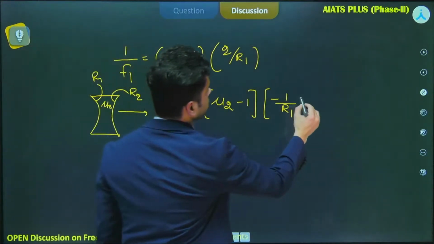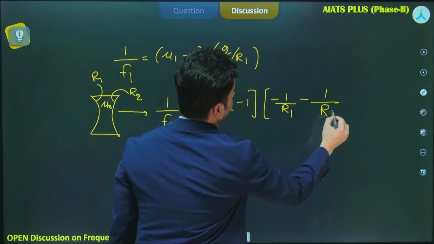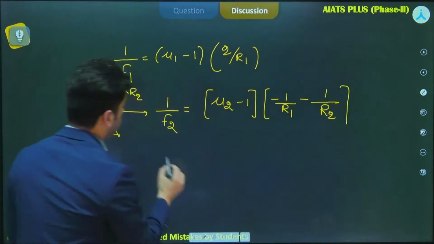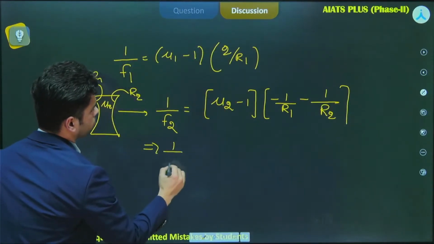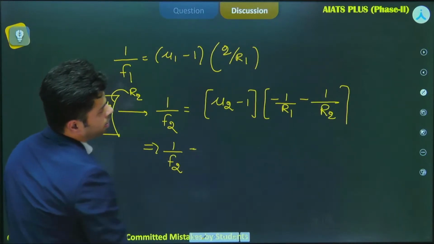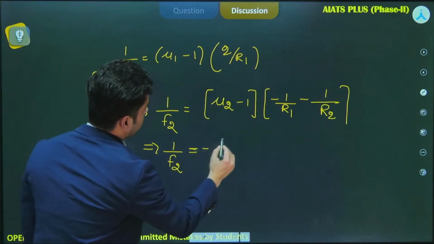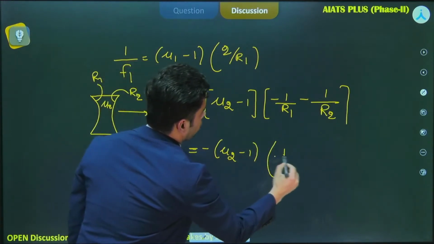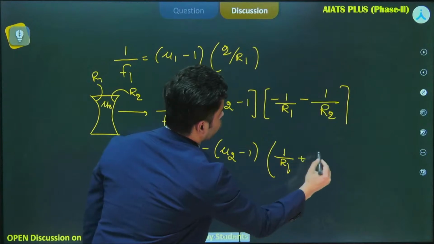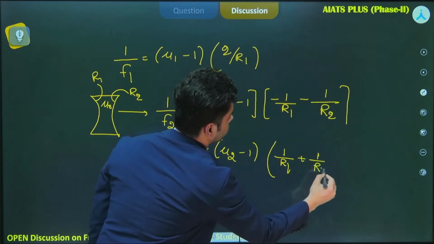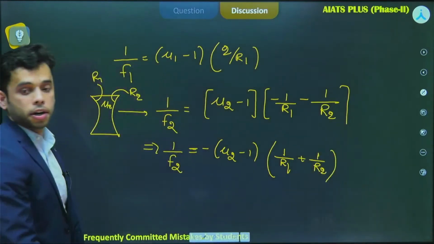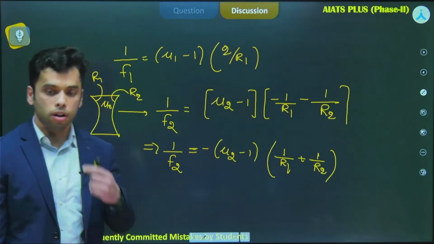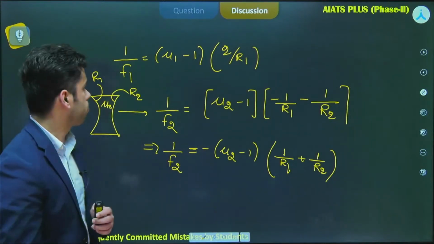Taking this minus as common, 1 over F2 becomes minus of (mu2 minus 1) into (1 over R1 plus 1 over R2). Got it? This type of question was in NEET 2023, okay?